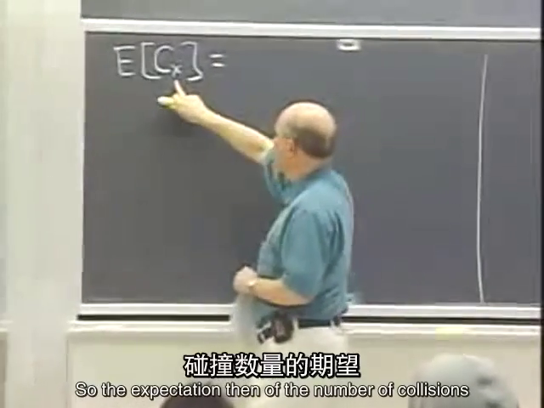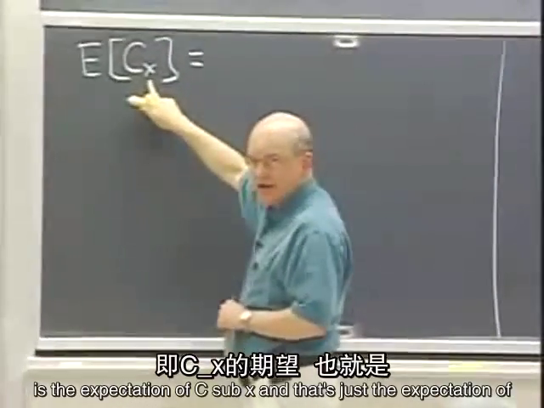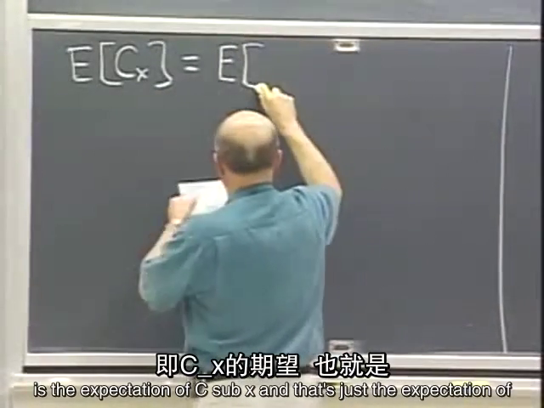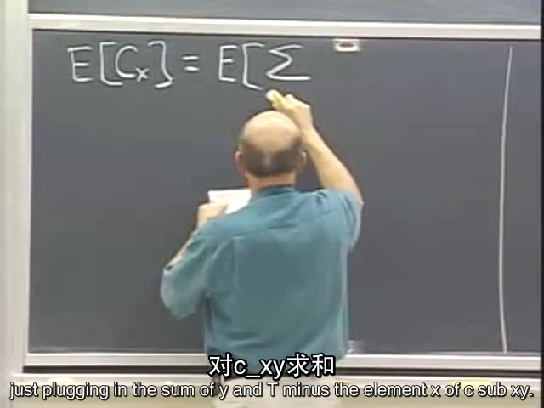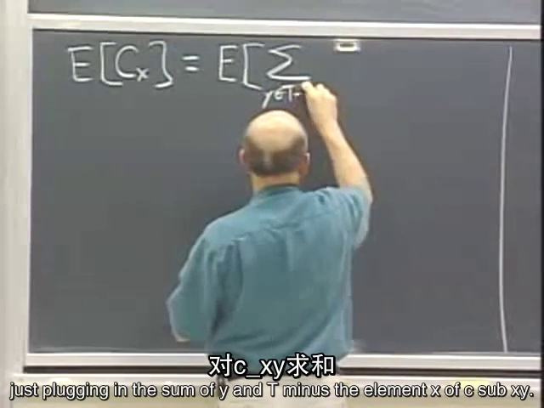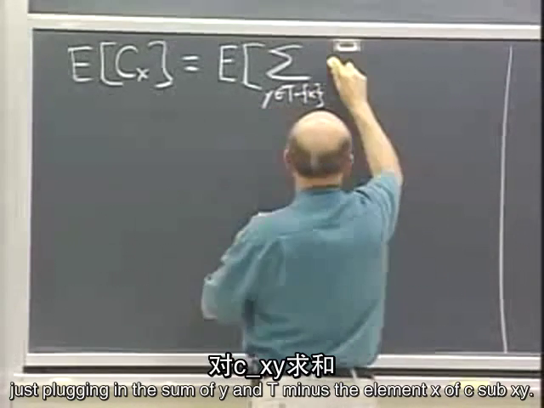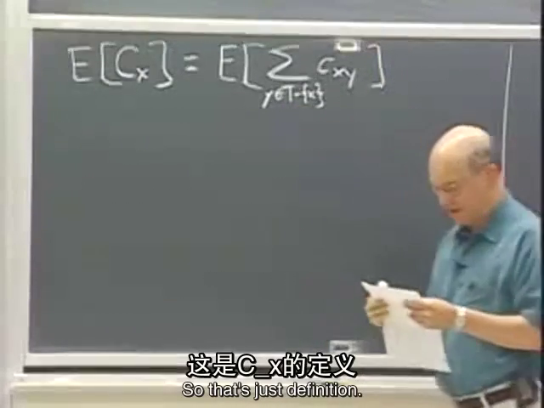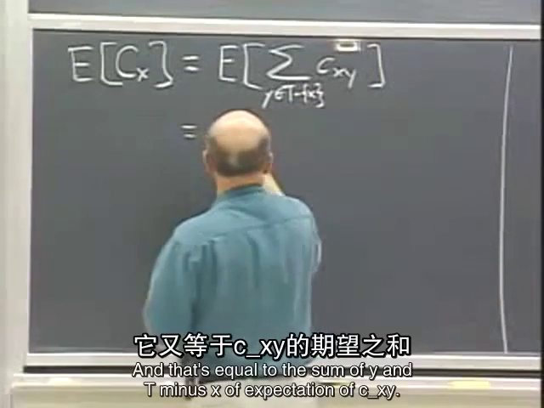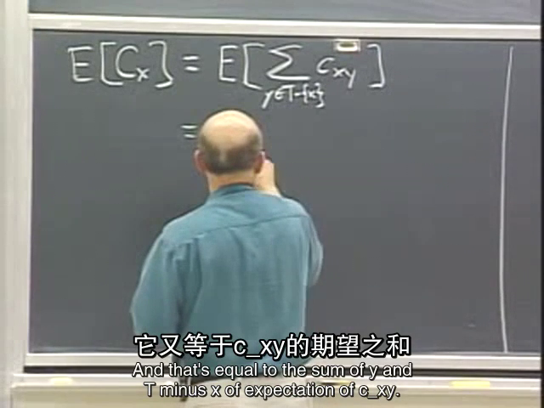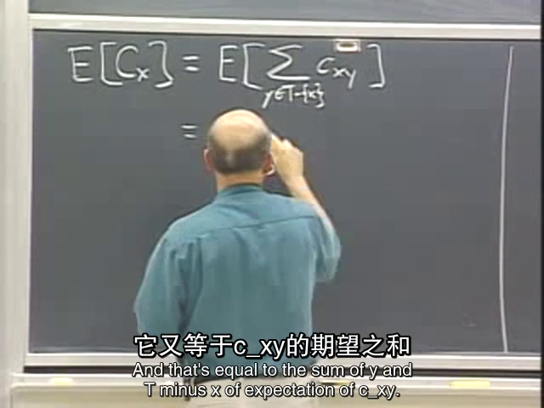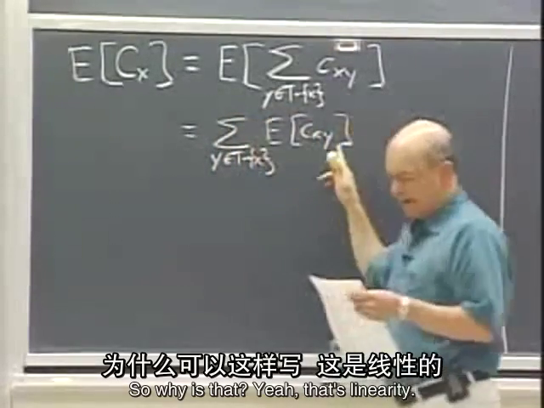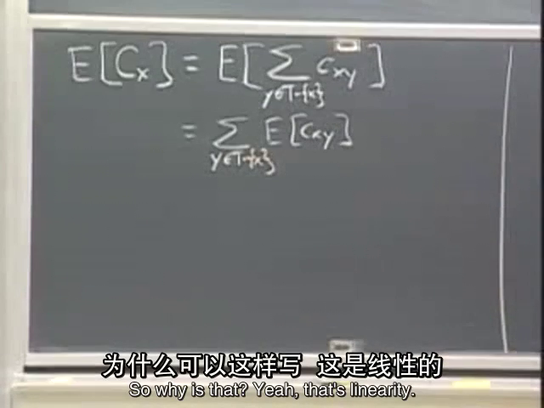So now we just have to use our math skills. The expectation of the number of collisions is the expectation of c sub x. And that's just the expectation of plugging in the sum of y in t minus the element x of cxy. So that's just definition. And that's equal to the sum of y in t minus x of expectation of cxy. So why is that? Yeah, that's linearity.